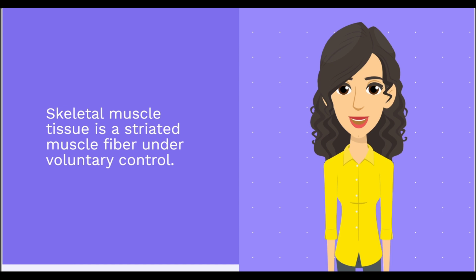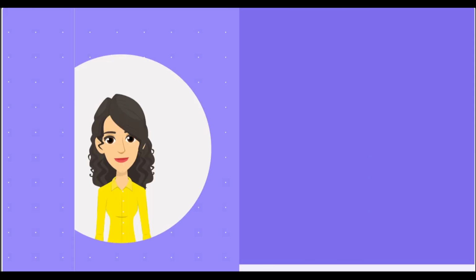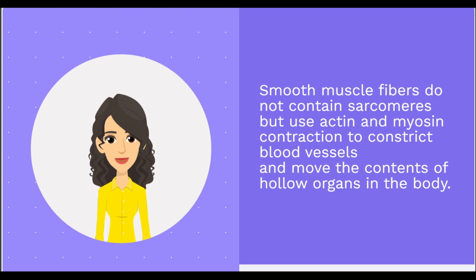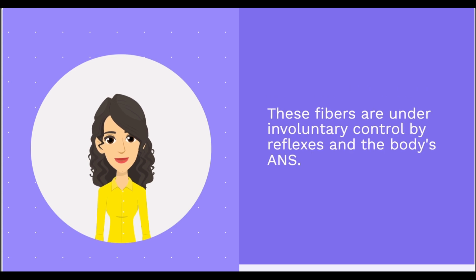Skeletal muscle tissue is a striated muscle fiber under voluntary control. Smooth muscle fibers do not contain sarcomeres but use actin and myosin contraction to constrict blood vessels and move the contents of hollow organs in the body. These fibers are under involuntary control by reflexes and the body's ANS.